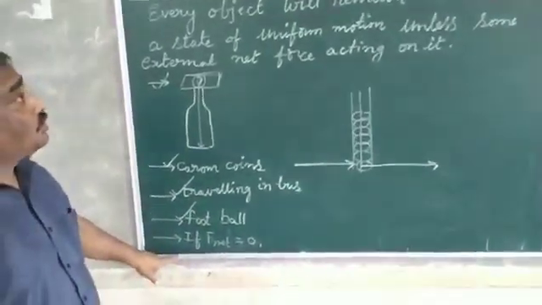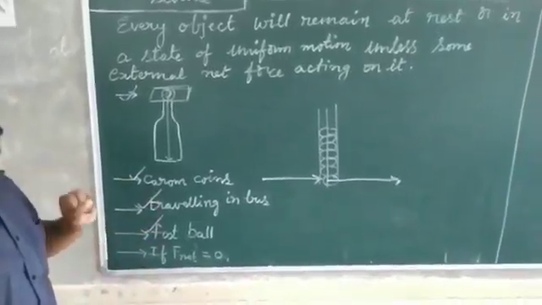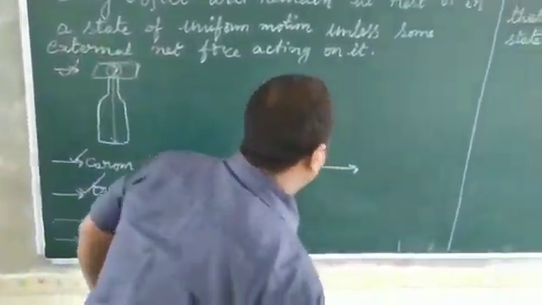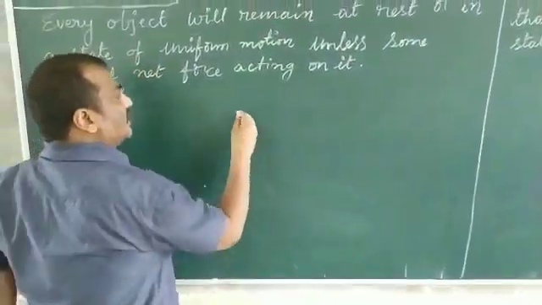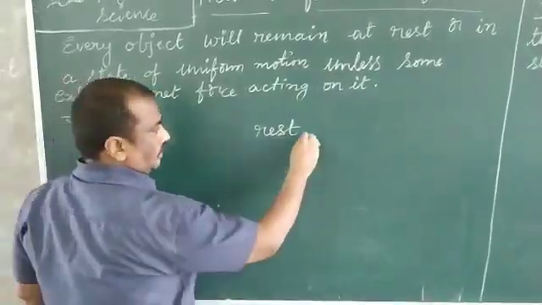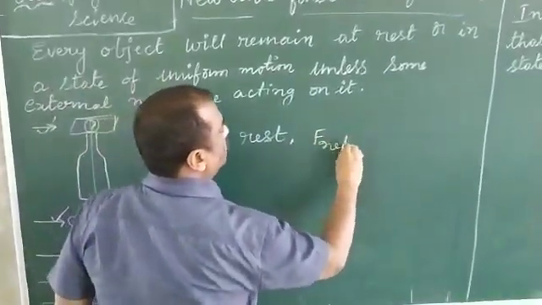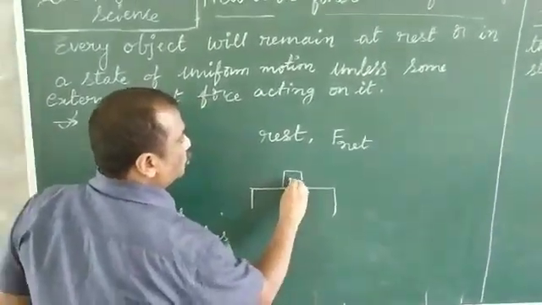And we can state Newton's first law of motion in another way. F net is 0. Here F net is 0 means, let us consider the object is at rest. I just said, how many forces are acting on that object if it is at rest? Two forces.